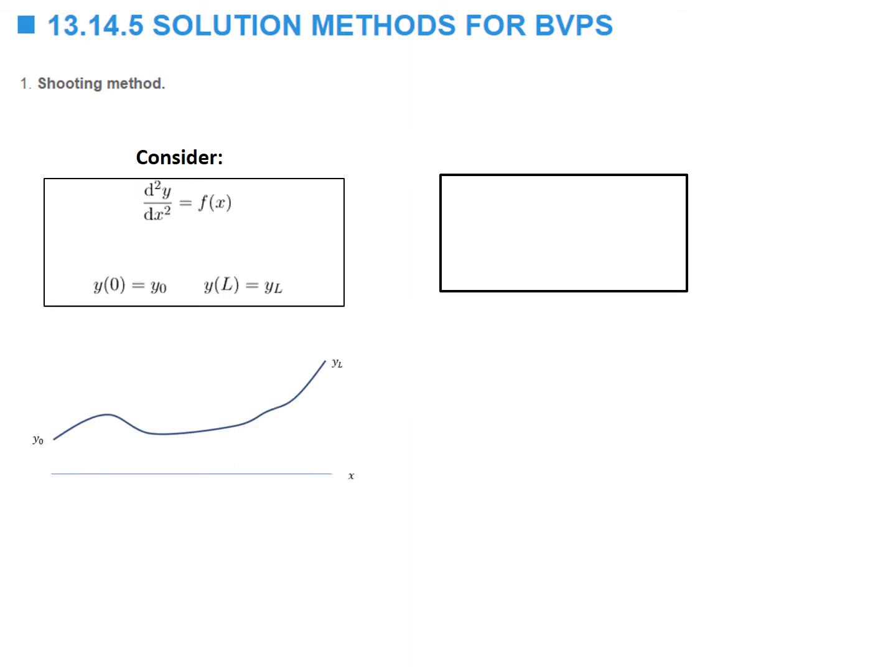So first we're going to talk about the shooting method. Let's consider the differential equation. The second derivative of y with respect to x squared is given as a function f of x, and we need two boundary conditions to solve this equation.